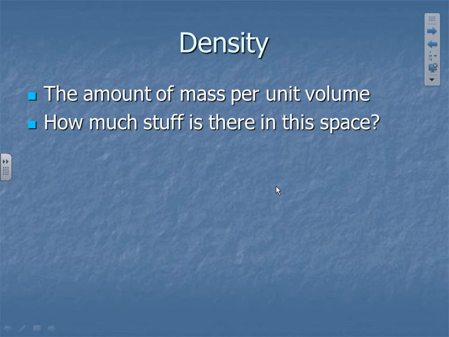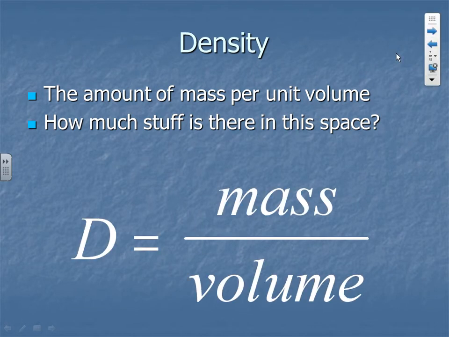But I only have this much room for you guys to use. If I had to fit 2 classes of kids in one classroom, the density of students in that classroom increases, right? Because there's more students in the same space. And that's what density tells us. How much stuff is there in a specific space?